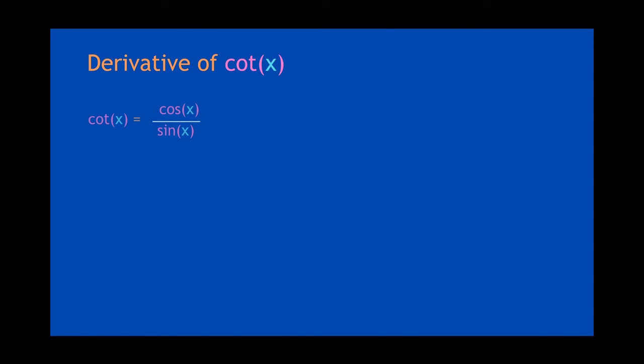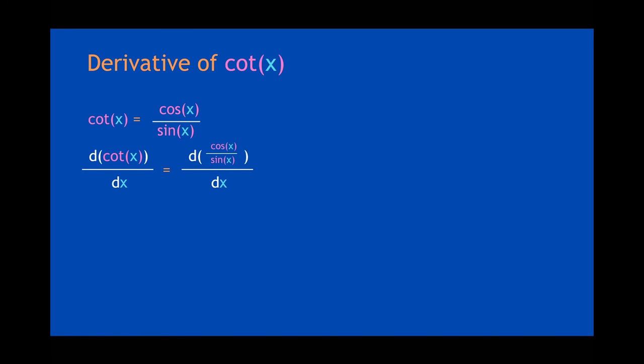So to start, we have that the cotangent of x is equal to the cosine of x divided by the sine of x. From here, we'll take the derivative of both sides, so the derivative of the cotangent of x is equal to the derivative of the cosine of x divided by the sine of x.